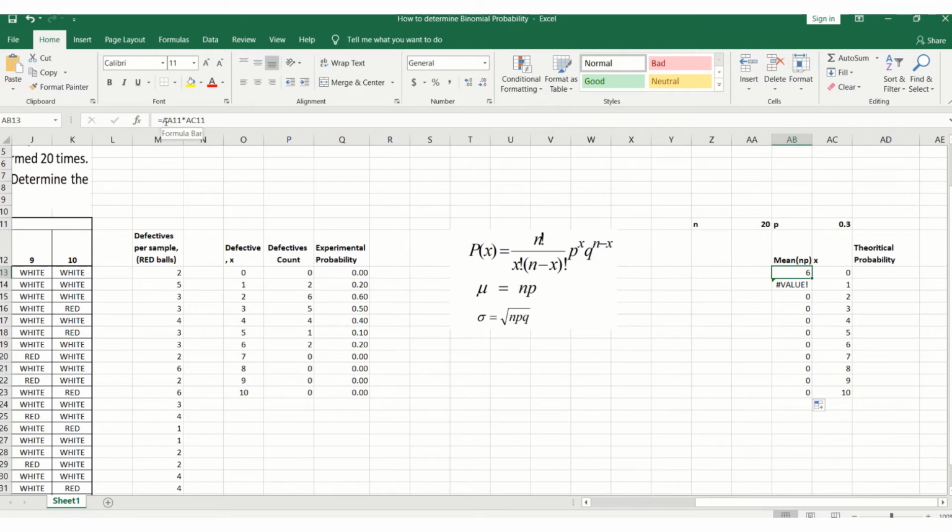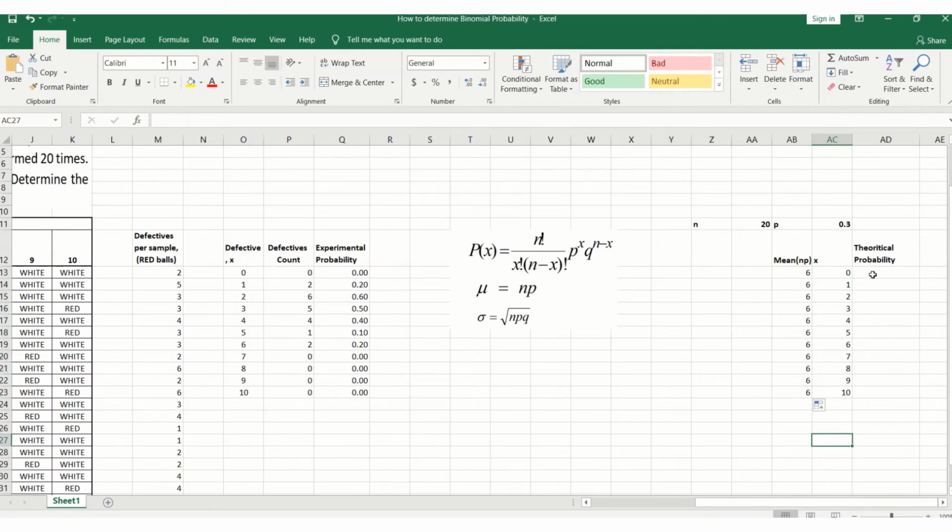So what I do is I take the reference so that it will not change. Again take the reference in the formula. Now I can easily drag it down. So this is the mean.